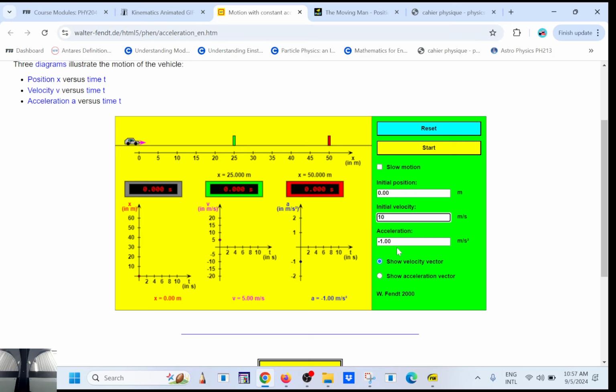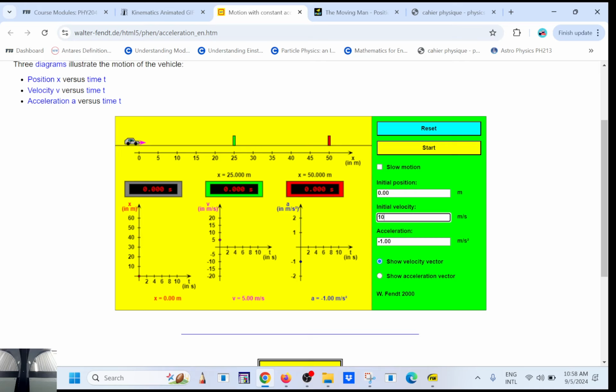Okay, so let's try to do that. So initial position should be okay. It has an initial velocity of 10, and now the acceleration is -1. So what's going to happen to the velocity? Slow down, right?